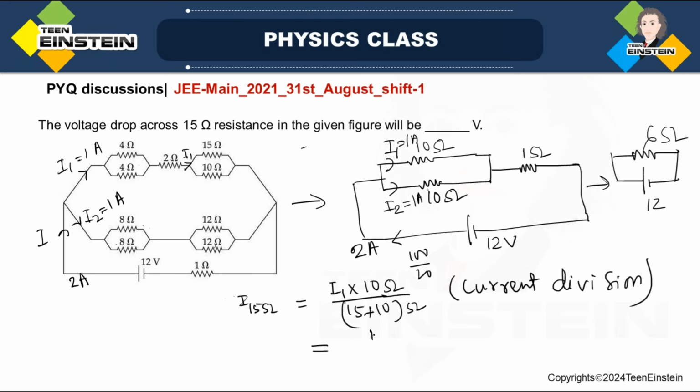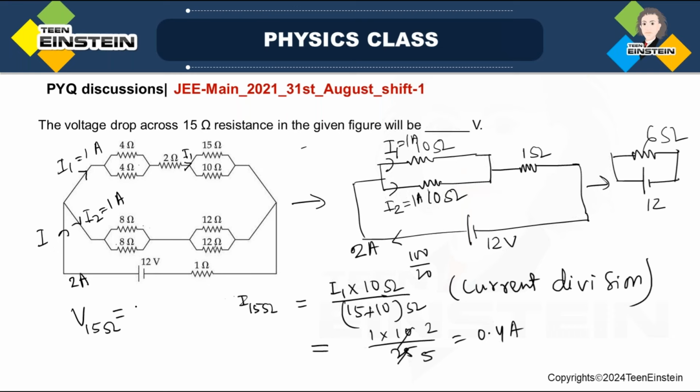So this will be 1 ampere into 10 divided by 25, which is actually 2 by 5, which is 0.4. Okay, so 0.4 ampere I have got. Now I have to find out the voltage across this 15 ohm. Voltage is current into resistance, IR.